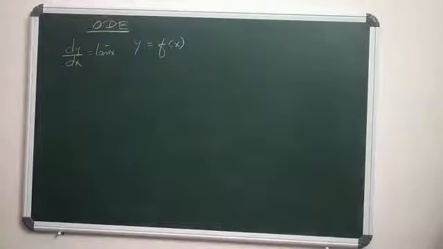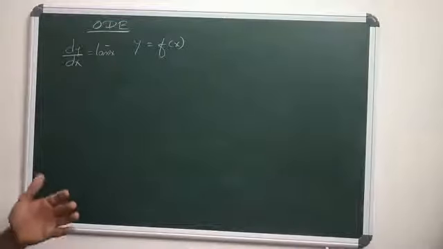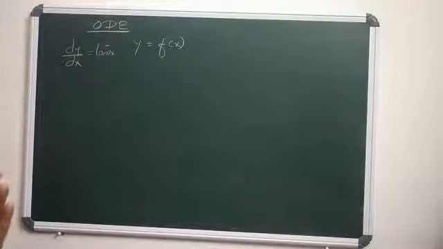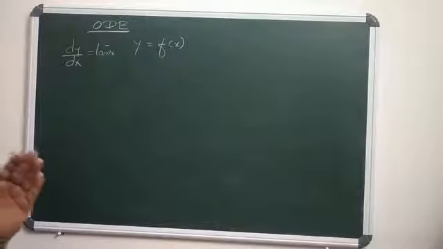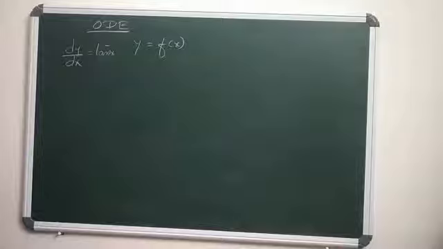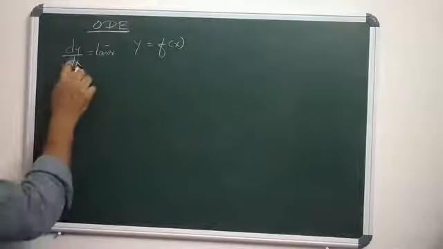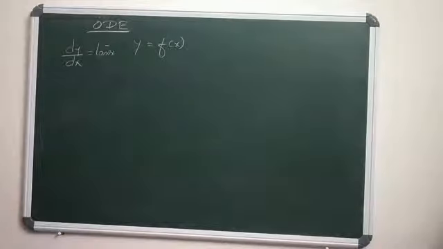Why? What is the order of a differential equation? We know that the order of a differential equation is nothing but the order of the highest derivative present in it. Here it is dy by dx equals tan x. So this is a first order differential equation. Why?